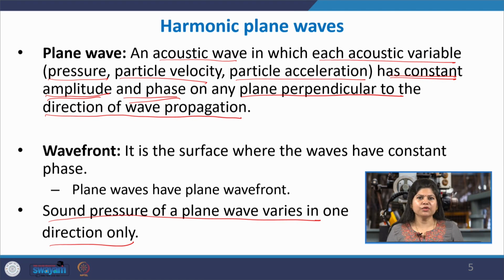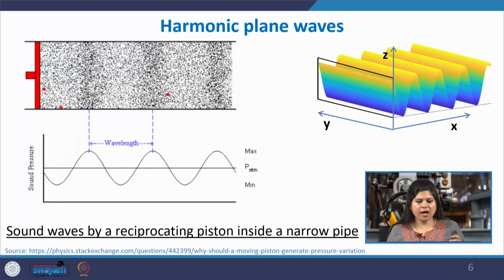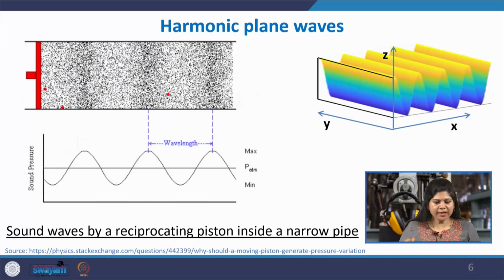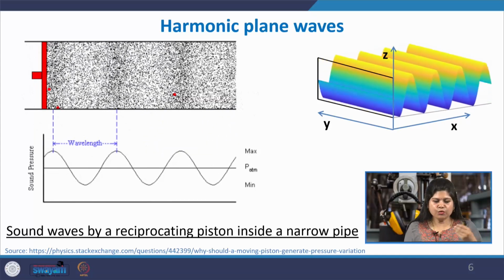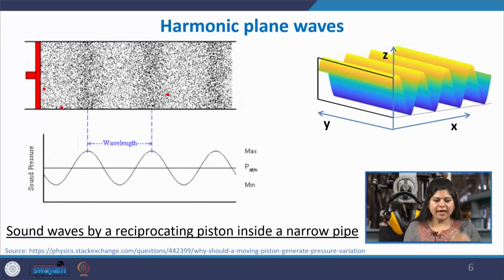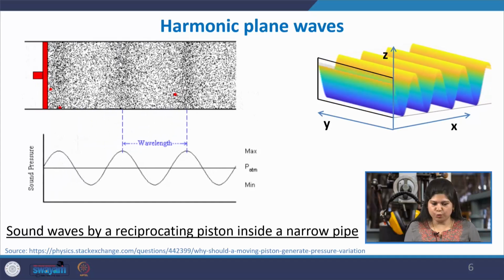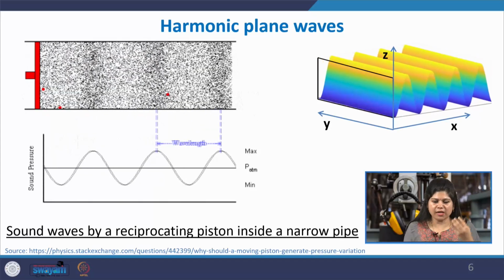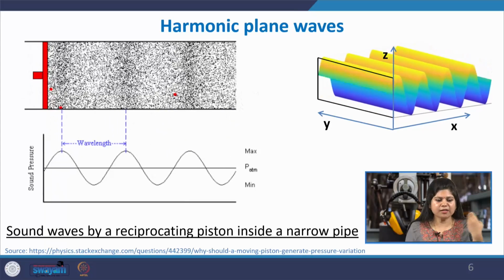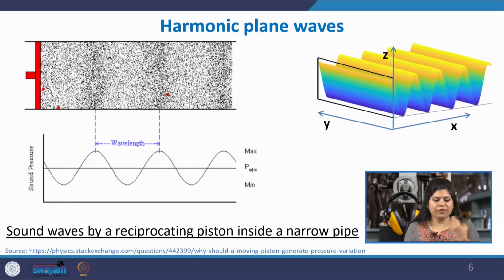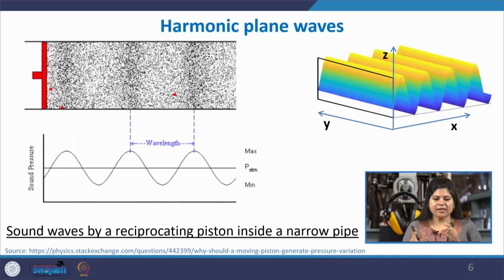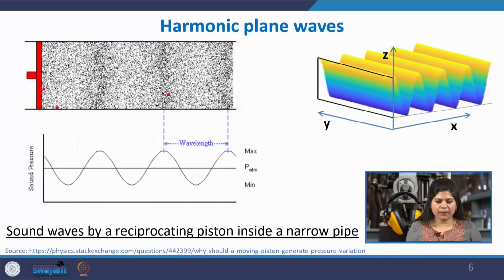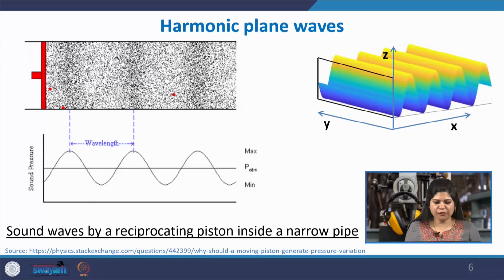To get a better idea, let us have a look at the schematic. This is the harmonic plane wave. One example is a reciprocating piston inside a long narrow tube, duct or pipe, moving back and forth and creating these pressure waves of compression and rarefaction.